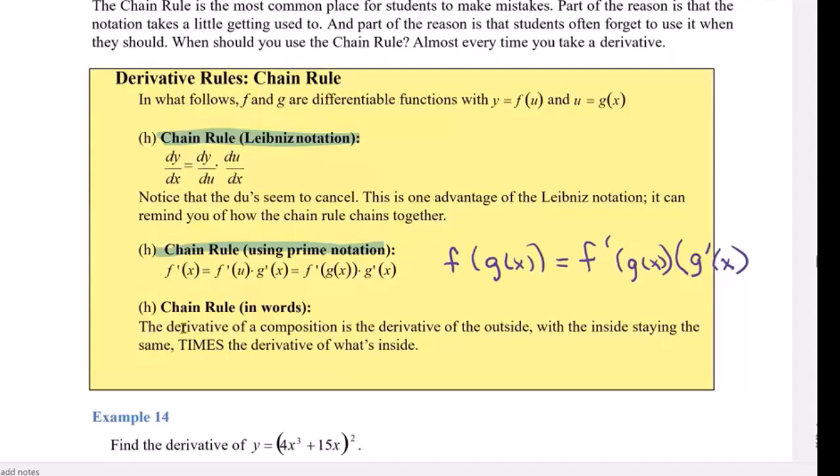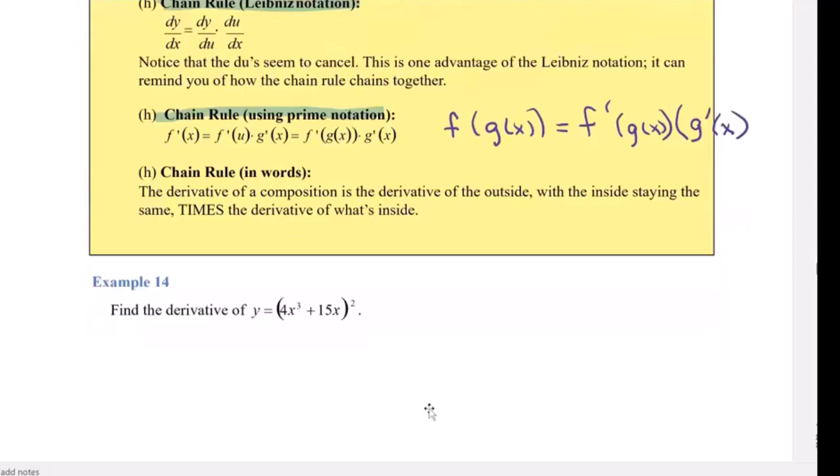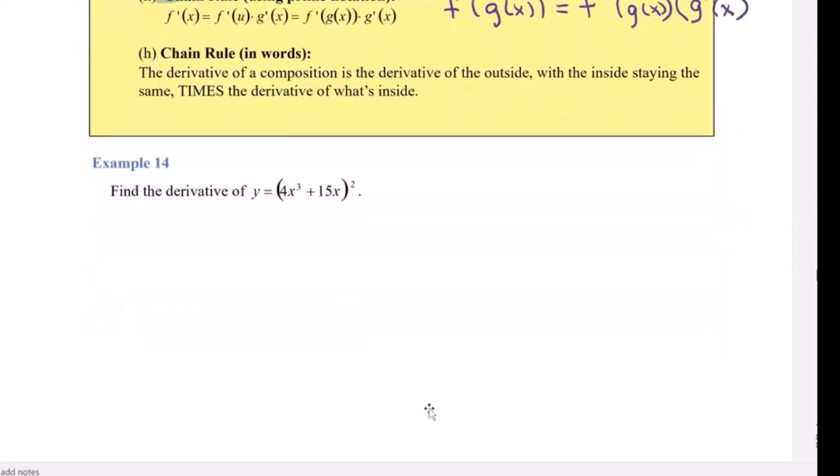The chain rule in words: the derivative of a composition is the derivative of the outside, with the inside staying the same, times the derivative of what's on the inside. I think I'll show you this in 2 different ways right now. I'm just going to break this in half. My inner function, I'll call g of x, is equal to 4x cubed plus 15x.